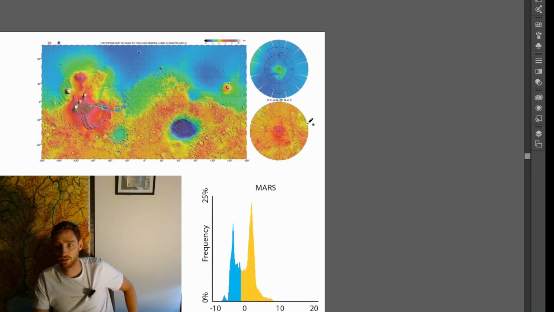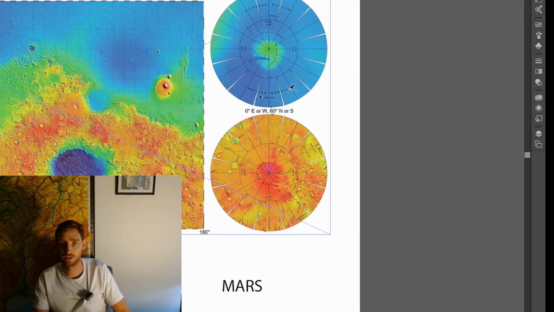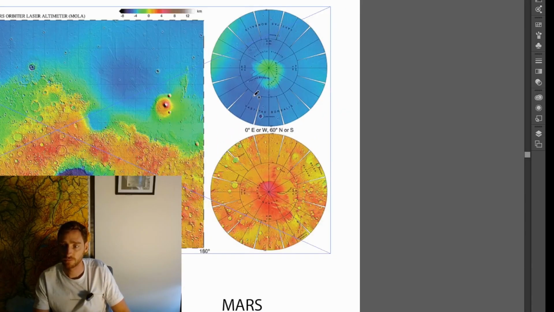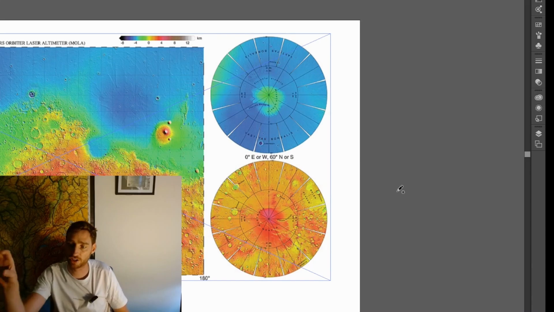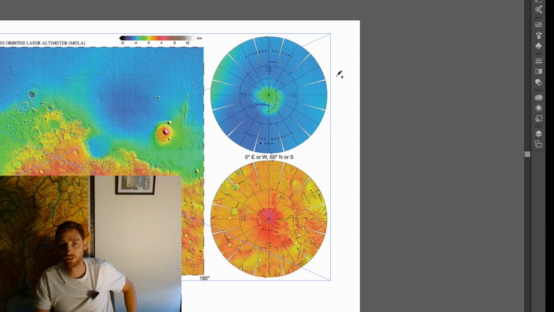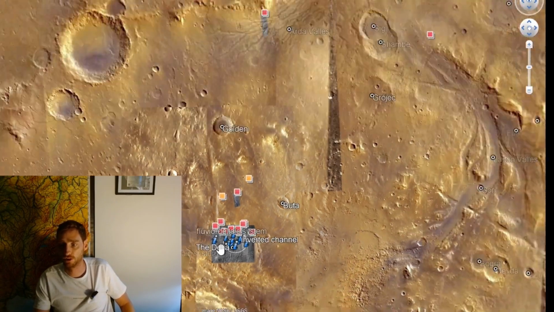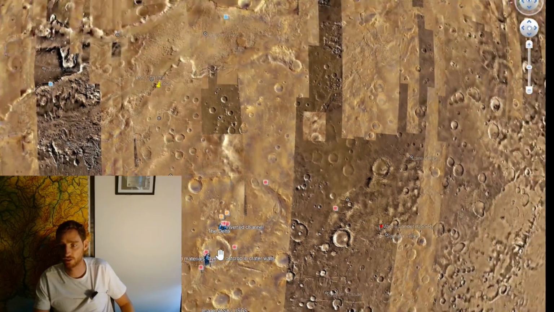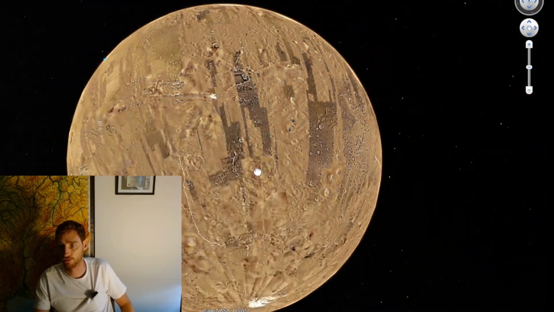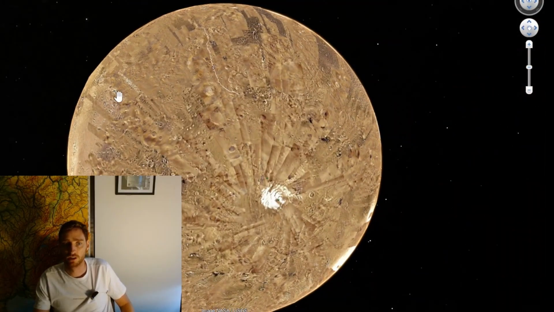So here, this little projection on the right, I think is very clear. It's a polar projection where the northern circle is the northern hemisphere, right? Very low elevation. And the southern circle is the southern hemisphere, which is much higher elevation. And the reason for this is actually unknown. So people are not fully certain why this bimodal topography exists on Mars.